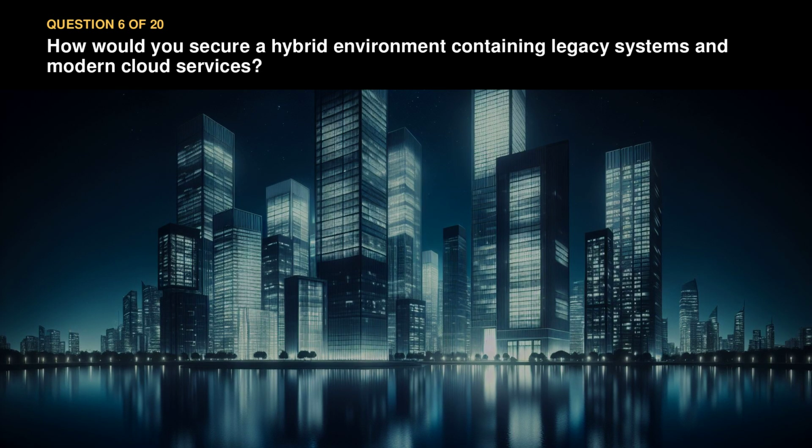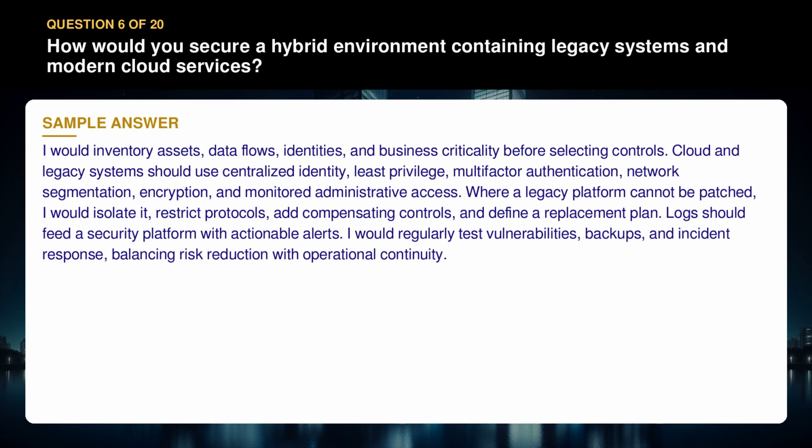Question 6. How would you secure a hybrid environment containing legacy systems and modern cloud services? I would inventory assets, data flows, identities, and business criticality before selecting controls. Cloud and legacy systems should use centralized identity, least privilege, multi-factor authentication, network segmentation, encryption, and monitored administrative access.